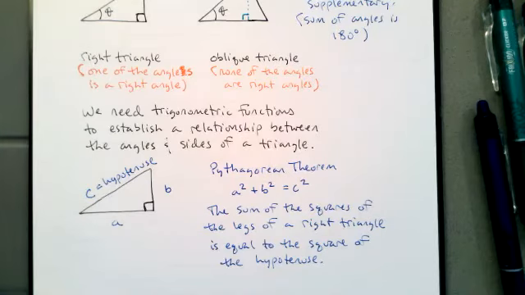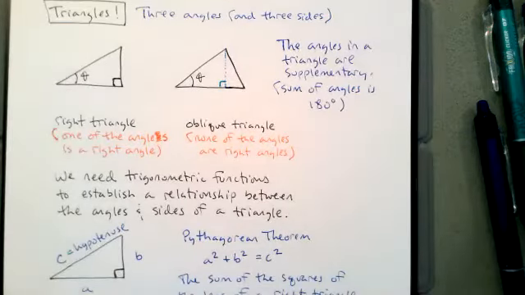So the Pythagorean theorem in a right triangle gives you a relationship between the sides of the triangle. So we've got a relationship between just the angles. We've got a relationship between just the sides. We need to connect the two. We got just the supplementary business.